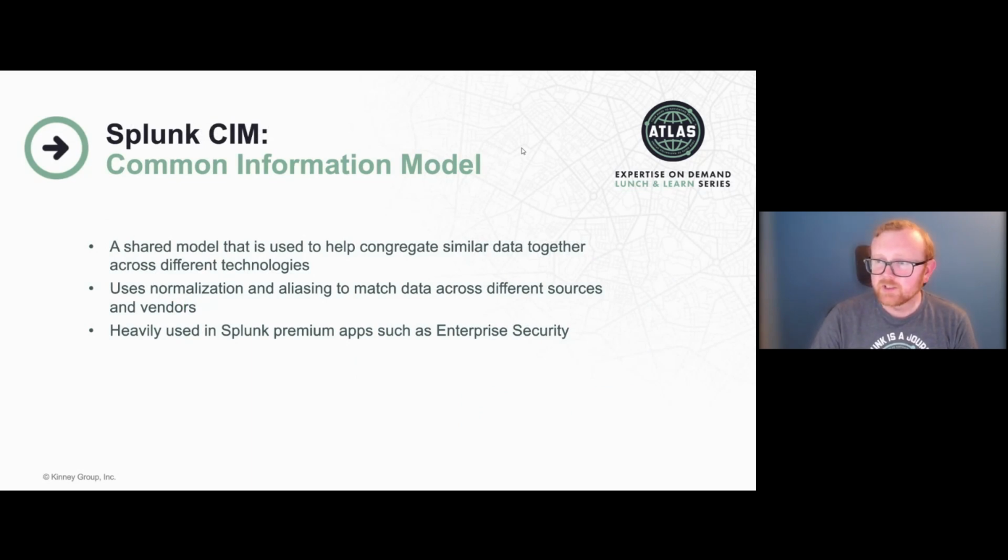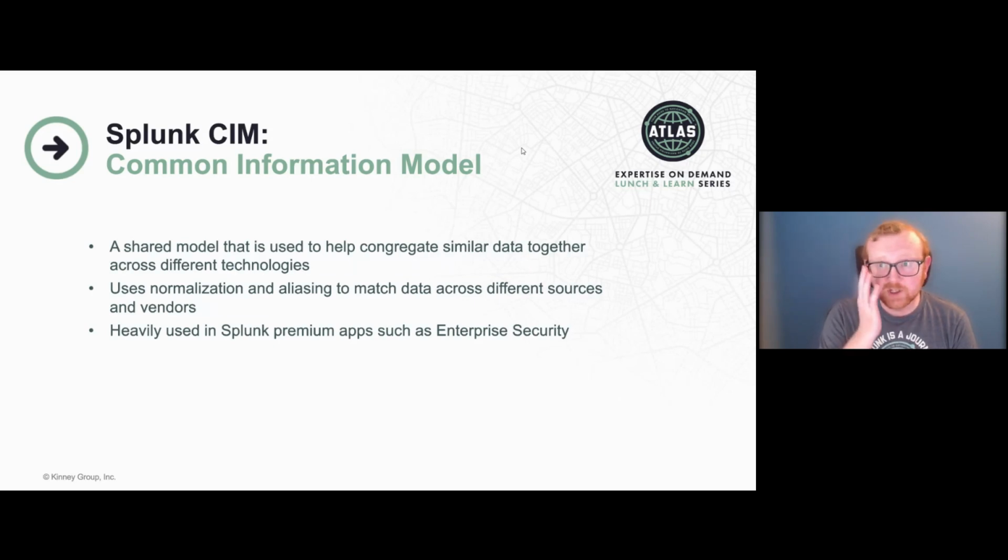And so that brings us to the Common Information Model, the CIM. This is a shared model that Splunk maintains that is used to help congregate similar data together across different technologies. It uses normalization and aliasing to match data across different sources and vendors. And it is very heavily used in Splunk premium apps, especially Enterprise Security.